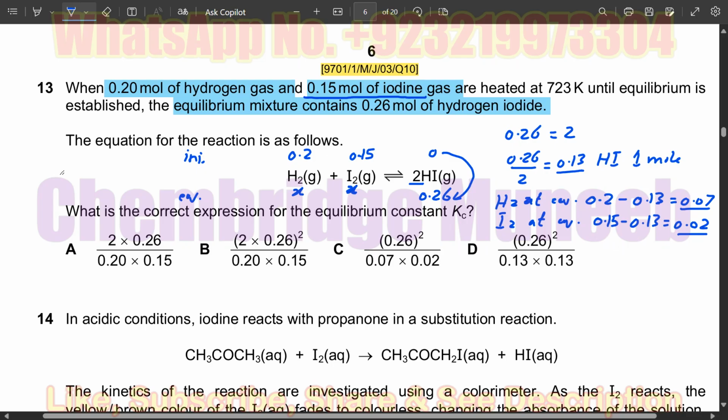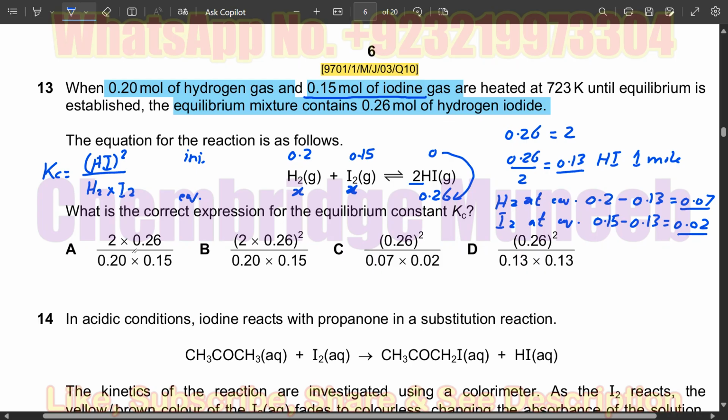Now we have to use the expression Kc is equal to [HI] with the power 2 because it has coefficient 2, over [H2] times [I2]. We have to substitute their values.